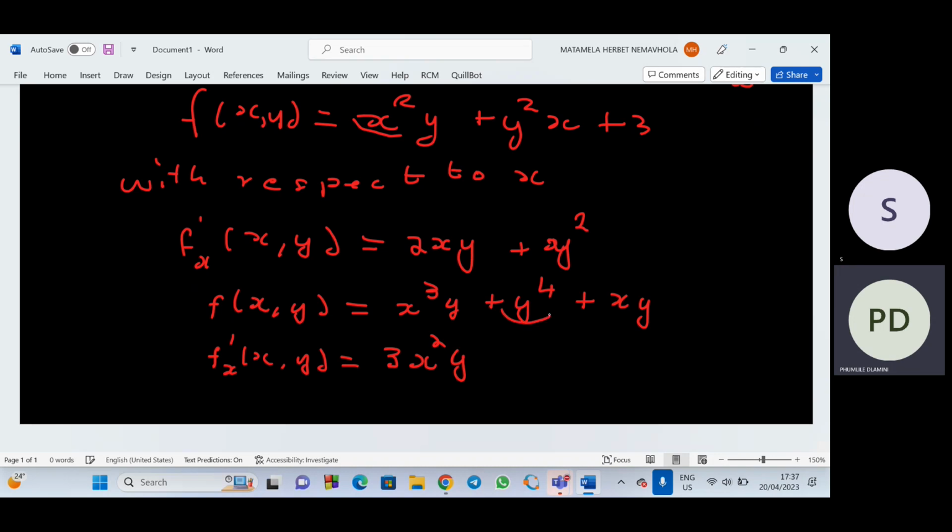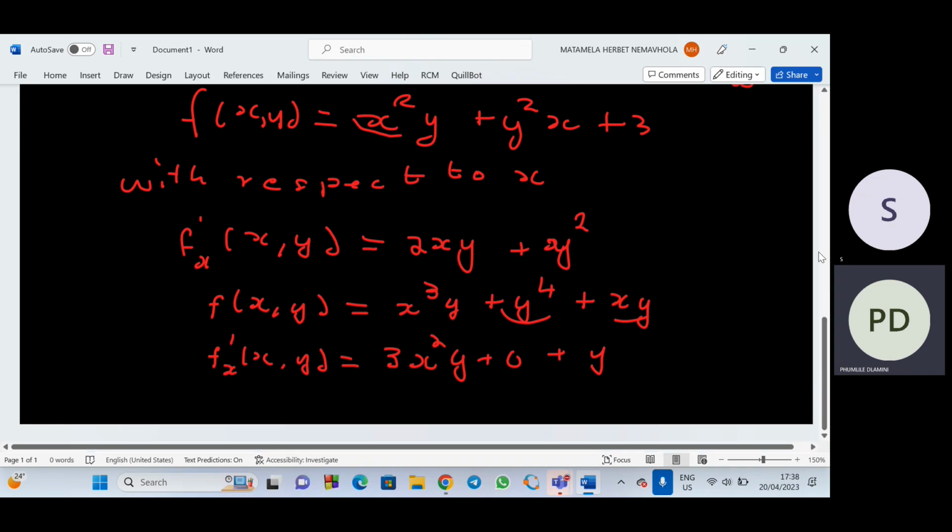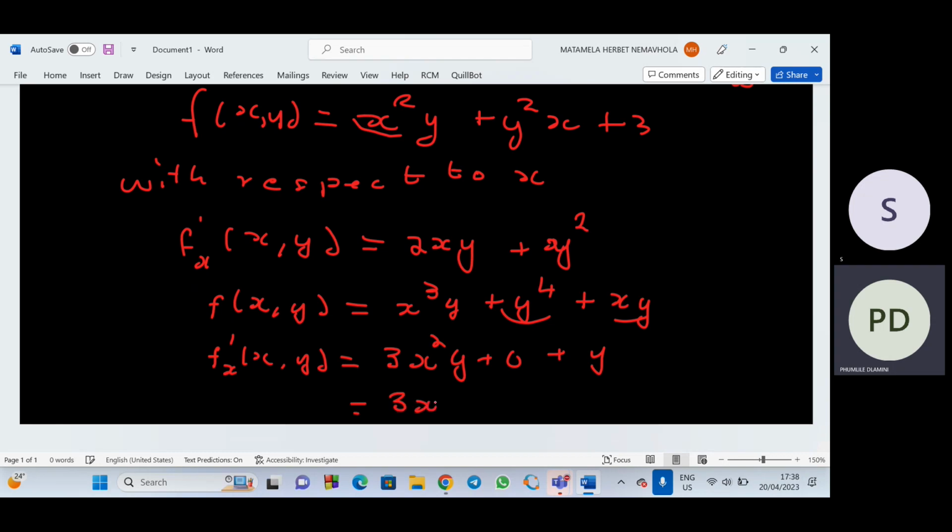But this one here, because we are not differentiating with respect to x, it's like 0. You leave it as it is. You don't write it, or you can just say plus 0 for now, but you don't have to do this. Plus, then we differentiate x only here, which is going to be 1, whereby we can just write 1 times y, which is y. So this equation will be in this form, 3x squared y plus y.